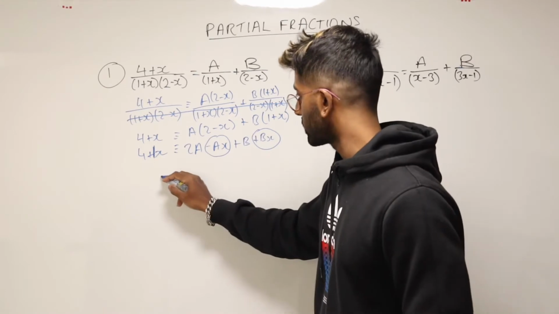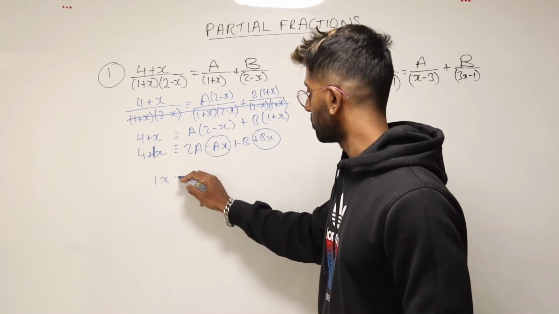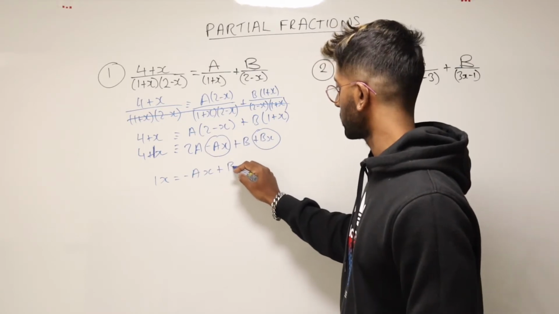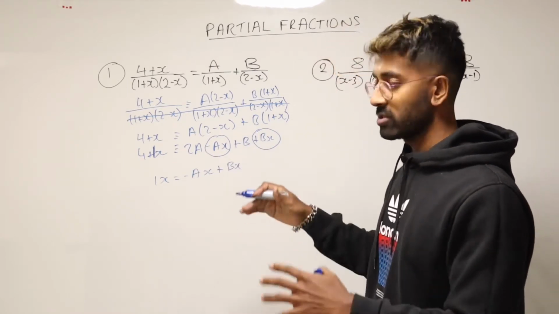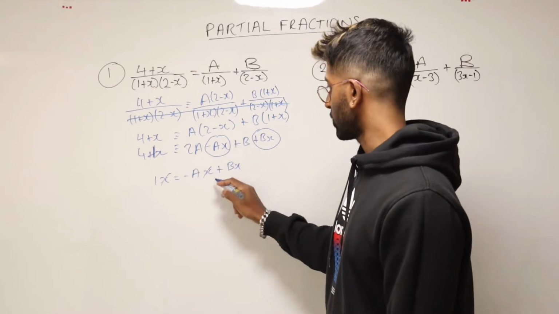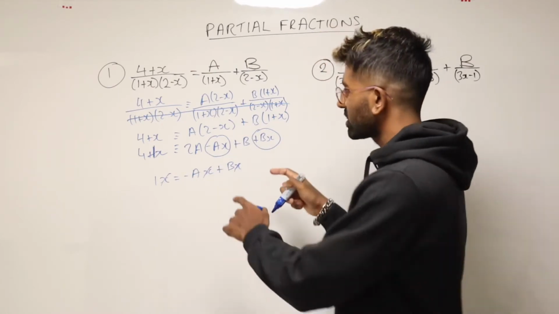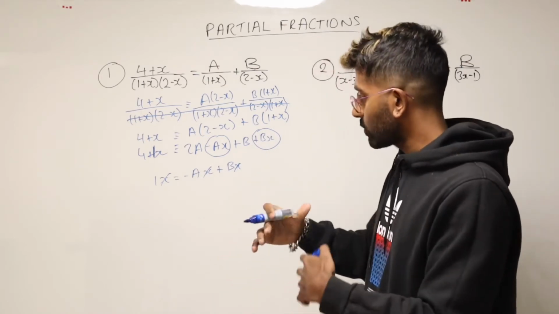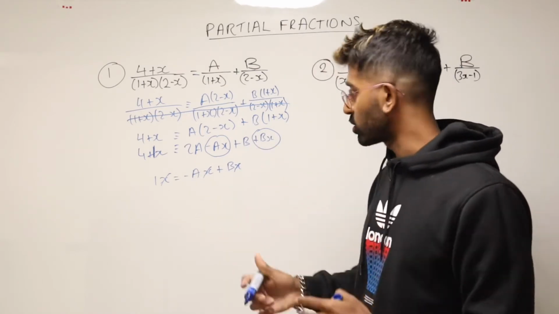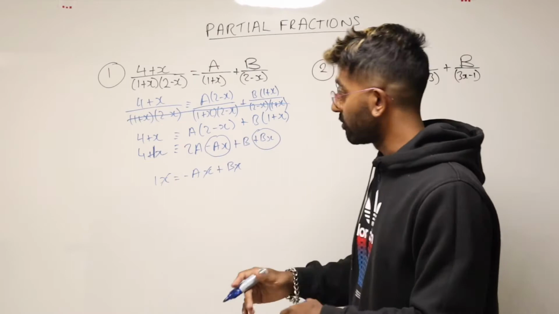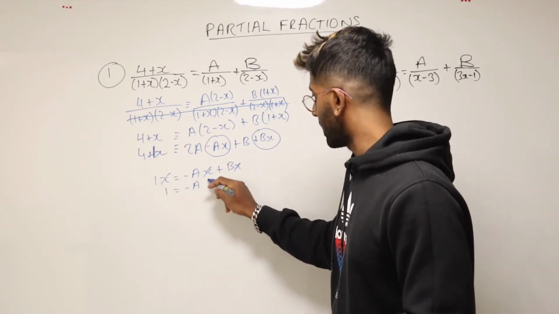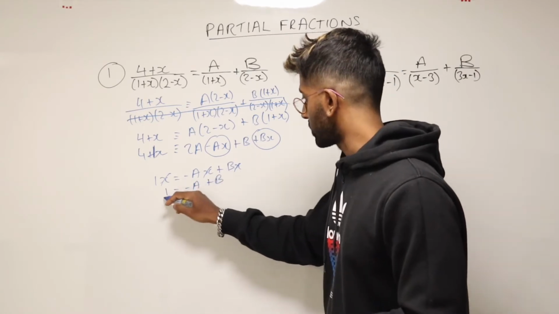So what we can say is 1x must be the same as minus ax plus bx. And then because every term has an x, well, we can just get rid of those. So it was the same as just saying minus a plus b is equal to 1. And that's why this method is called comparing coefficients. So we're comparing the numbers in front of the x's there. So we've got that is equal to minus a plus b.